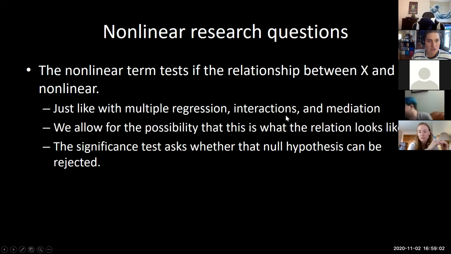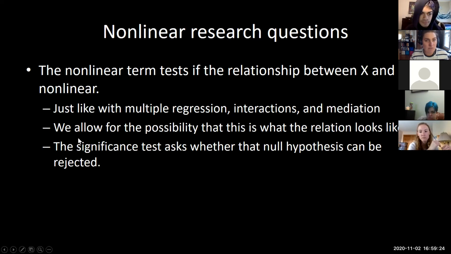With an interaction term, we were asking, does the relationship of x with y depend on x2? And if the interaction term is significantly different from 0, then we say that there is sufficient evidence to reject the null hypothesis, and the relation of x with y is dependent on x2.